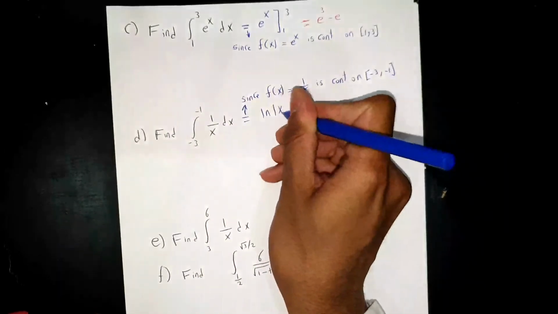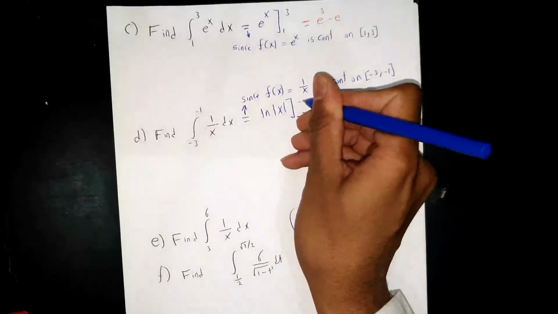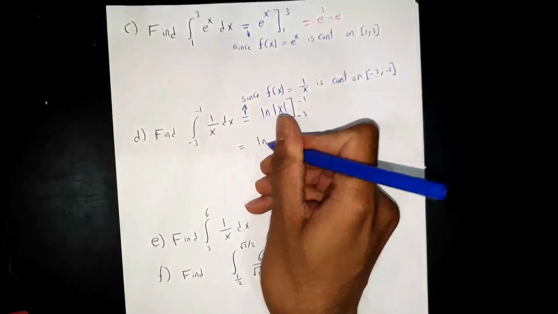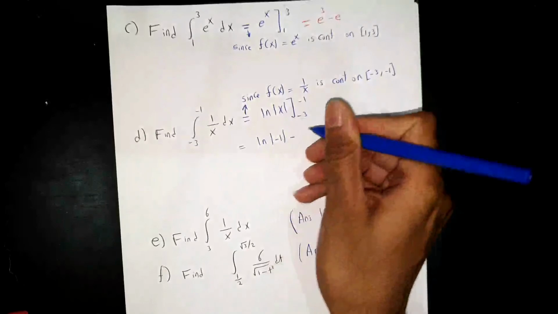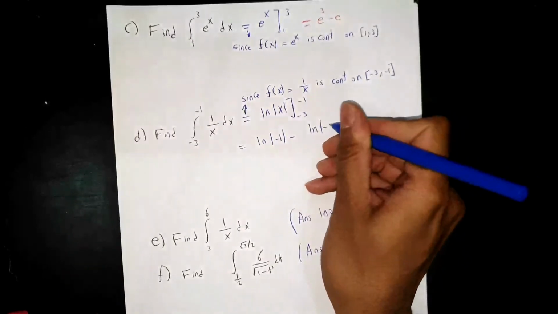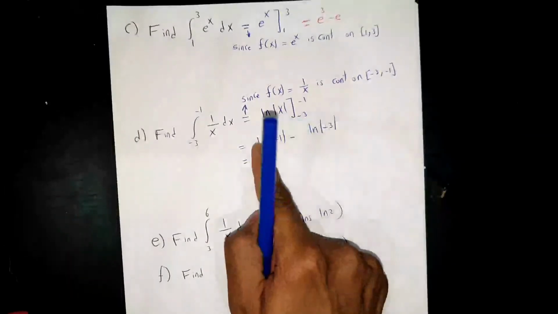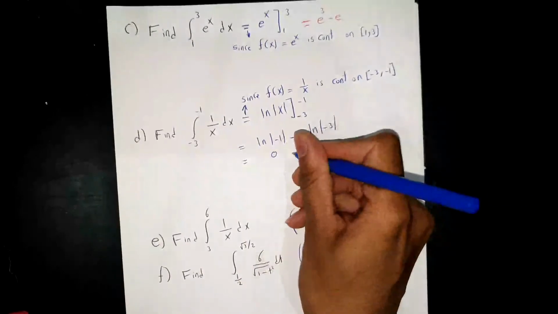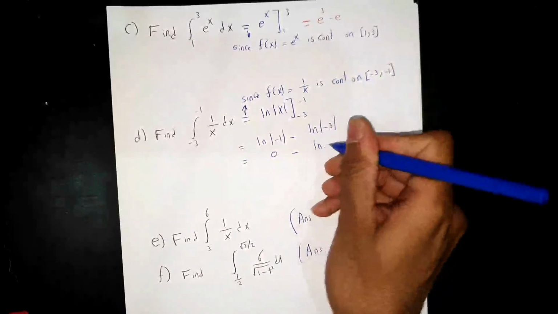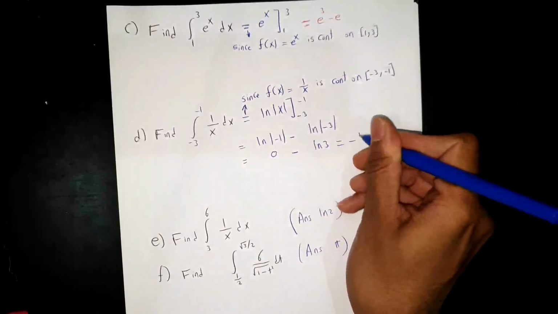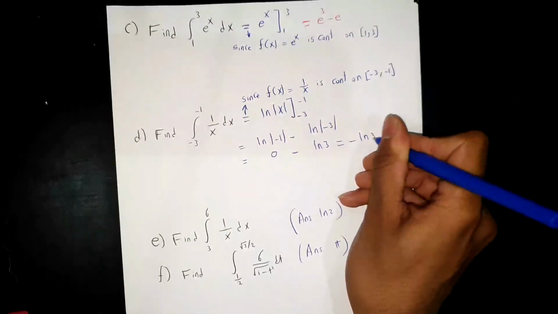Clearly, this is ln absolute value of x evaluated from minus 3 to minus 1. Substitute, you will get ln of absolute value of minus 1 minus ln absolute value of minus 3. Simplify, this will be ln 1 and that is 0. Minus, simplify this, you will get minus ln 3, and the final answer is minus ln 3.